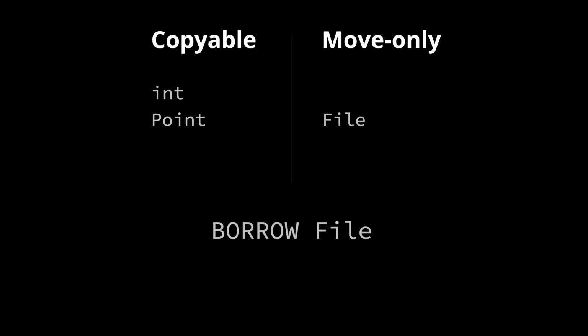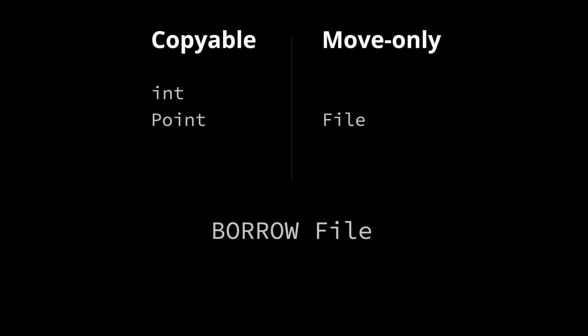What about borrow file? First, let's be clear. Borrow file is a distinct type. It's a pointer. We call it a borrowed reference to a file. It's just a pointer with compile time constraints. So far we've only seen this type used as a function parameter, but we'll come back to that. So, should borrow file be copyable?